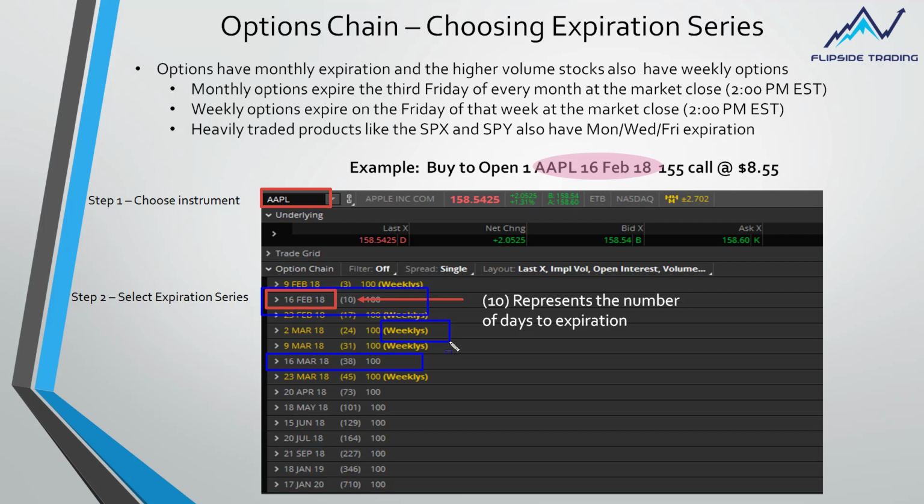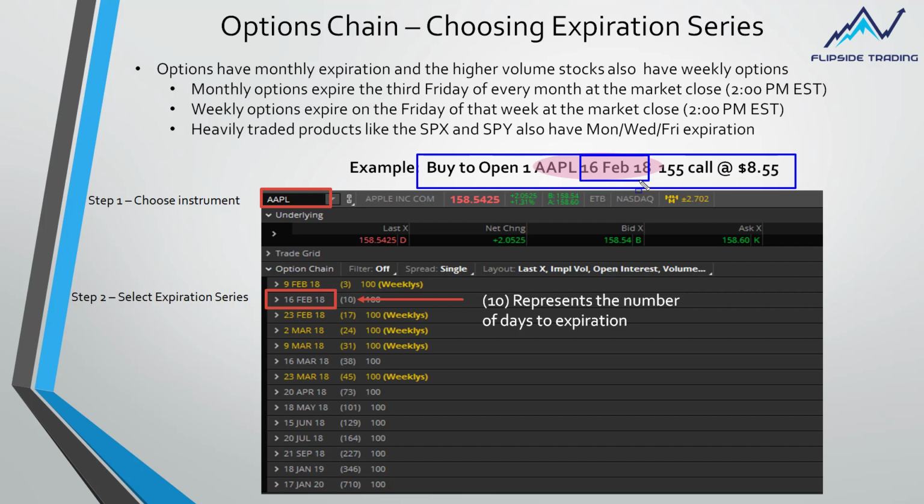All right. Now, the key thing is the first thing you want to do when you see the message, okay, example, we're going to buy to open, right? One contract of AAPL, which is Apple. This tells you right here the expiration series. All right, let's just focus on that.